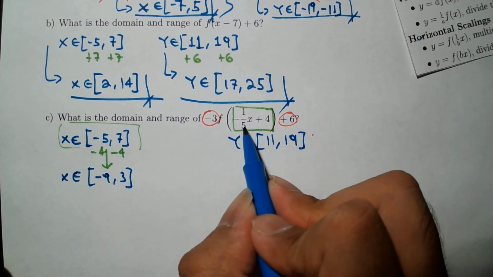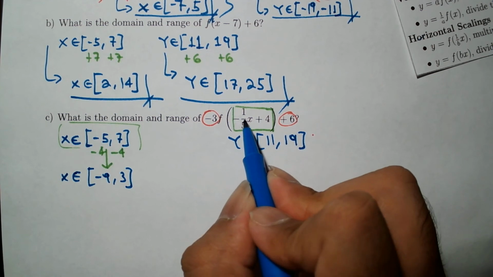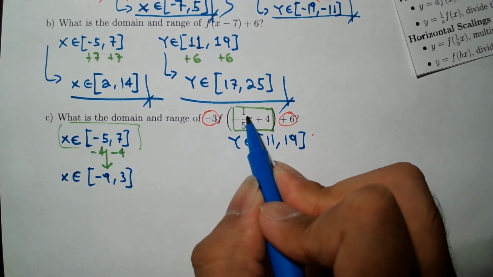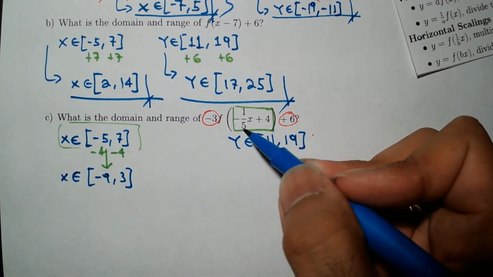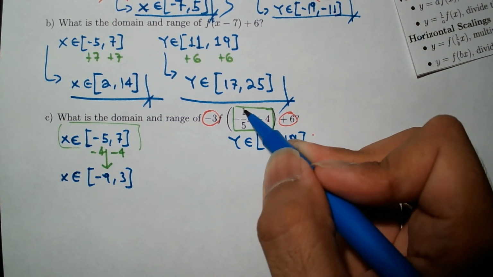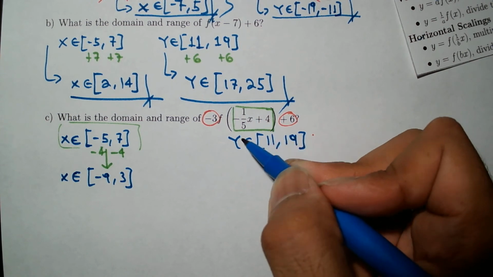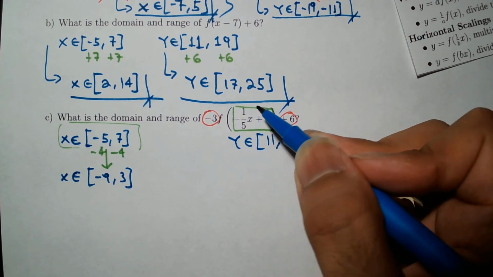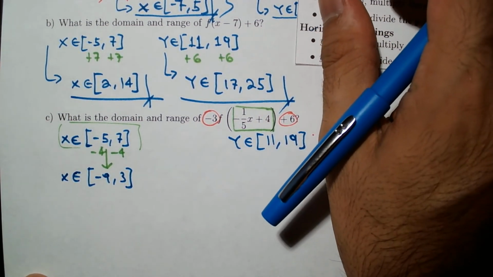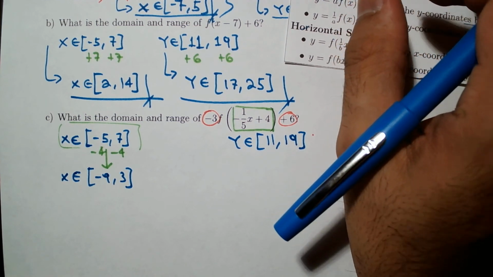What is this 1/5 telling us? Ignore the negative. These are two different transformations. This is going to be some shrinking or expanding, and this negative is going to be a reflection. So I'm going to do that first.